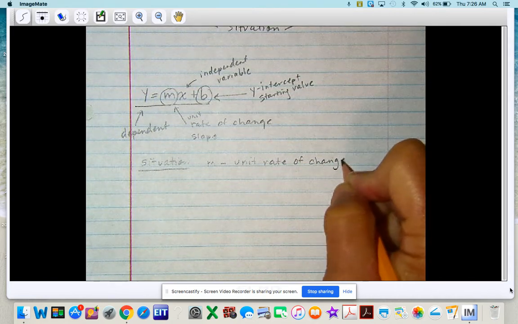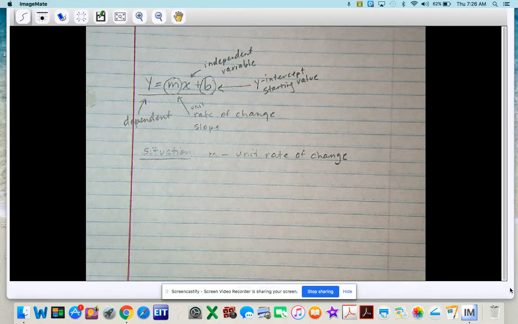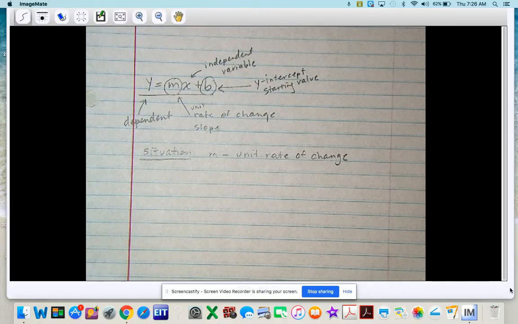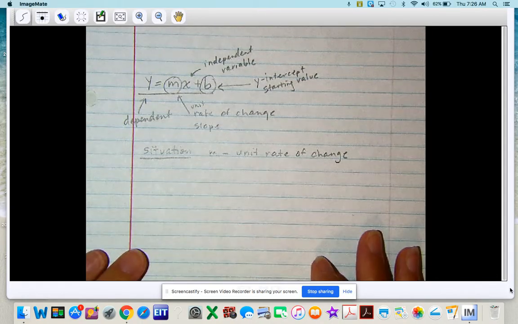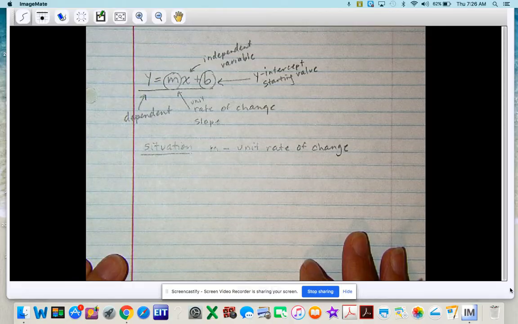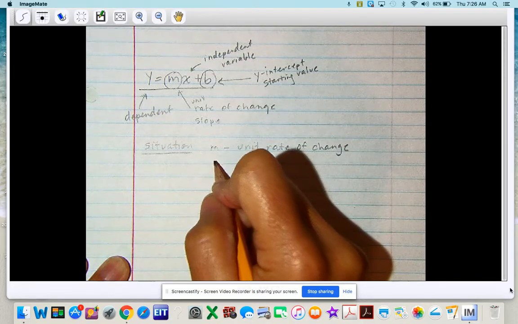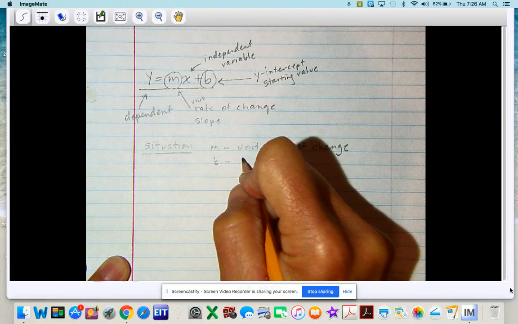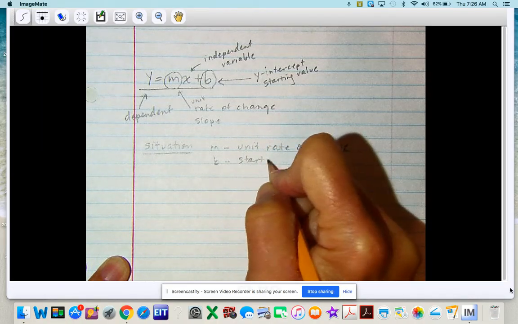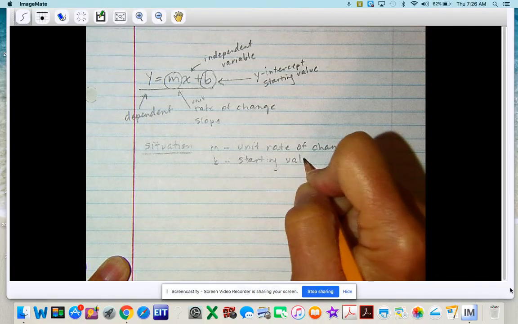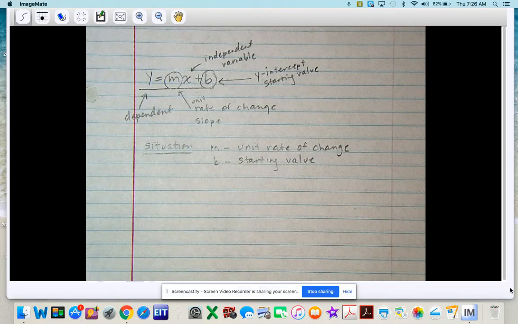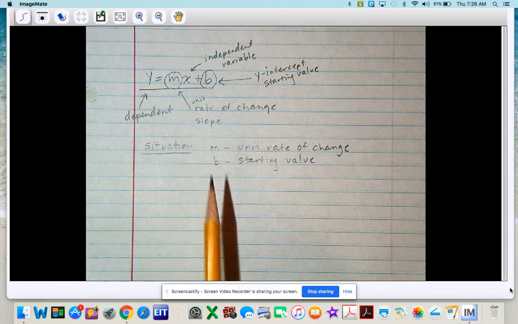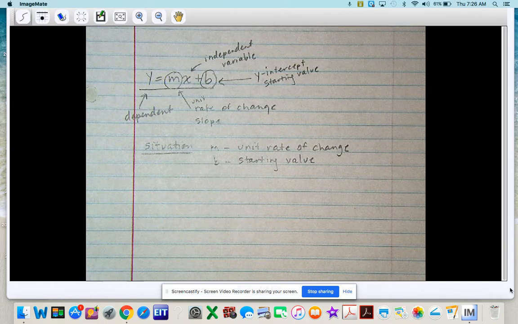So like in our tile problems, it would be the amount of change from each figure number, how many additional tiles were added on. In some kind of story, our b value would be the amount we started with, so the amount we have when our independent variable is 0. So in the tile problems, the b value was the number of tiles in figure 0.